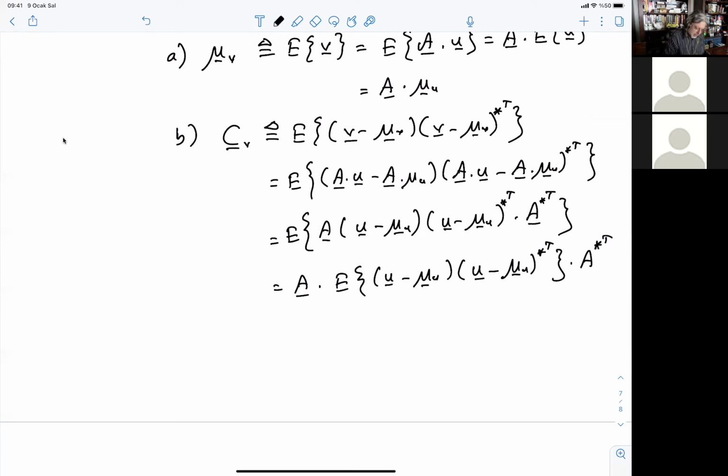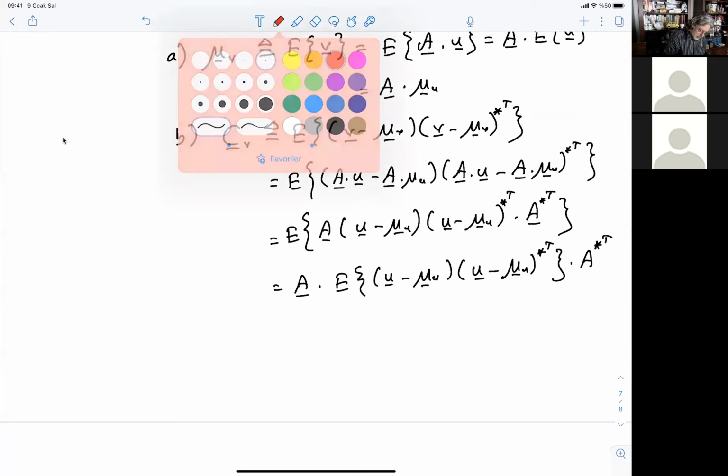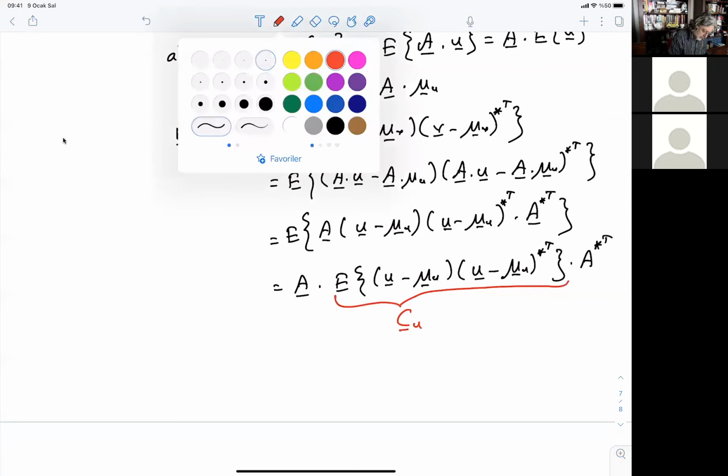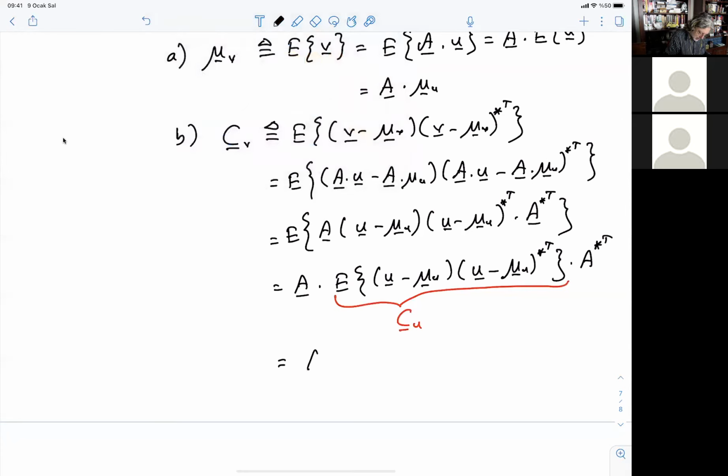Like this. And now we know that this is the autocovariance of U, Cu in other words. So the whole thing is A times Cu times A conjugate transpose.